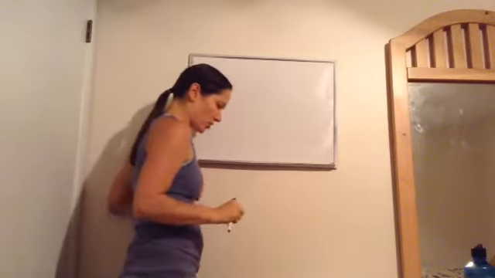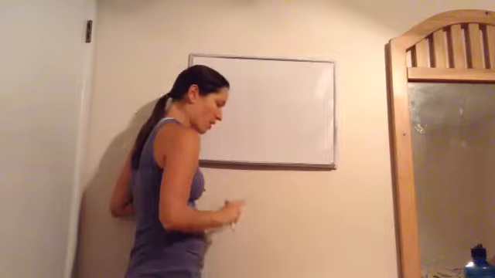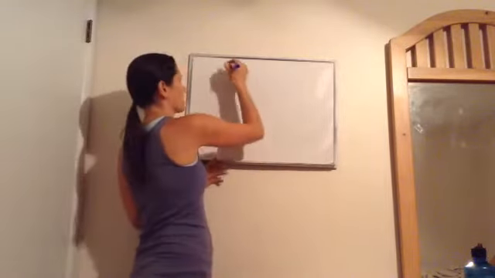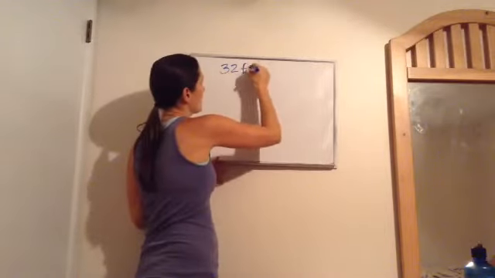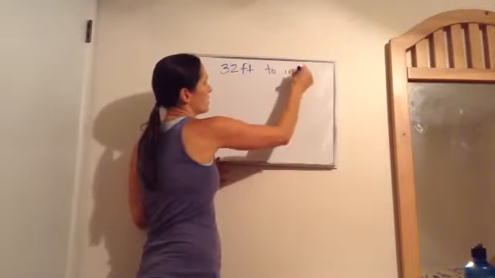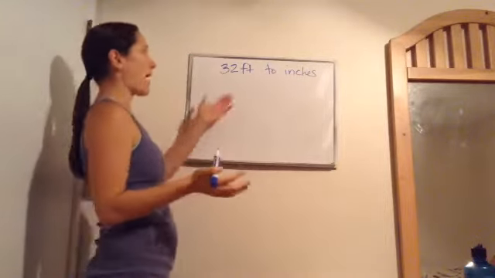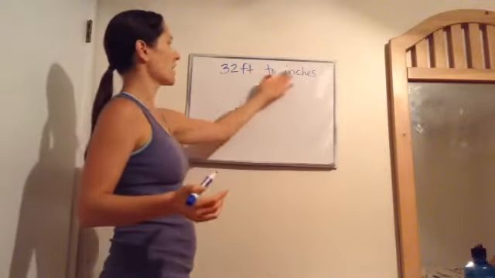The first one they want us to do is to use one unit multiplier to convert 32 feet to inches. So, the problem is, convert 32 feet into inches. Okay, now, the first thing you want to ask yourself, what are the 2 measurements I'm looking at? Feet and inches.